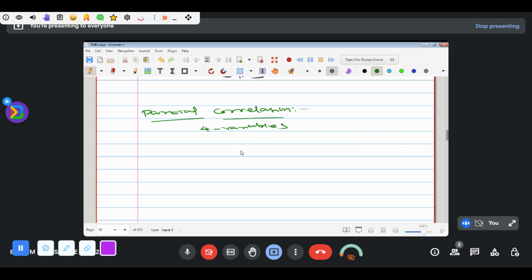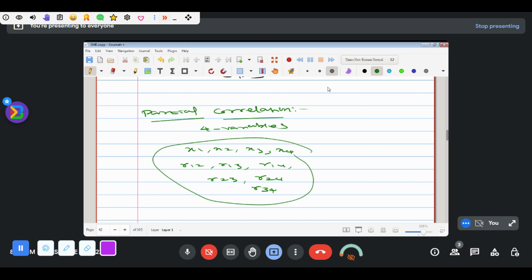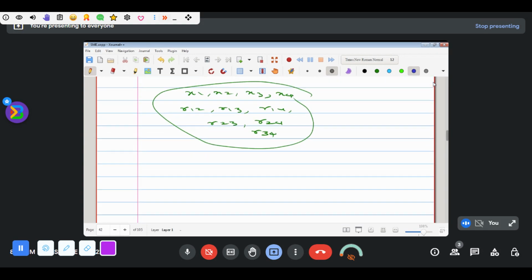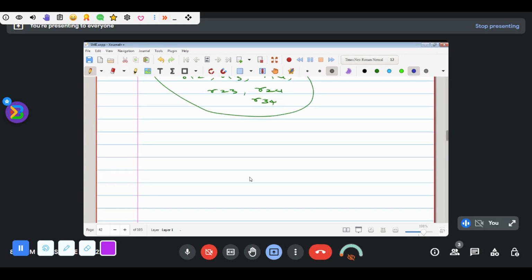Then we have variables x1, x2, x3, x4. Then the new notation: r12, r13, r14, similarly r23, r24, r34. These are the new correlations also. Then how to define the partial correlation in the 4 variables concept?